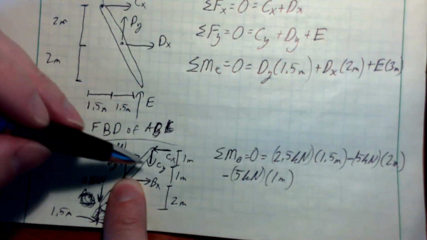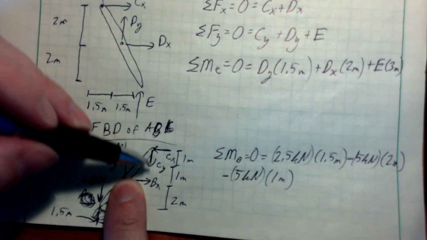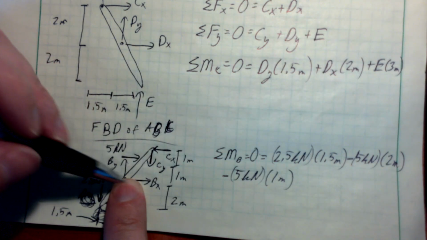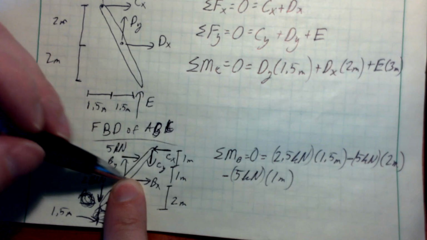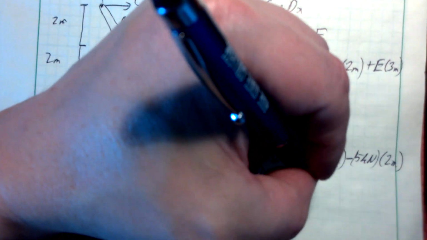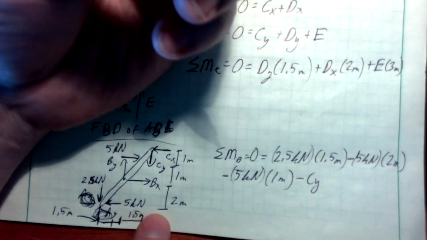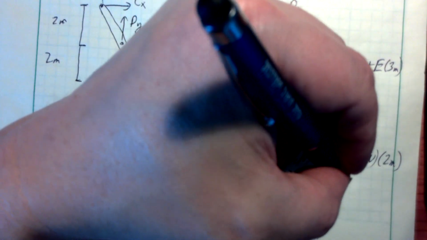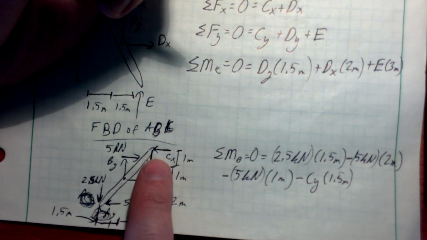And then as I've drawn it here, CY is trying to cause a clockwise rotation about point B. So that's minus CY, and that is a distance of 1.5 meters. And then CX is up here.